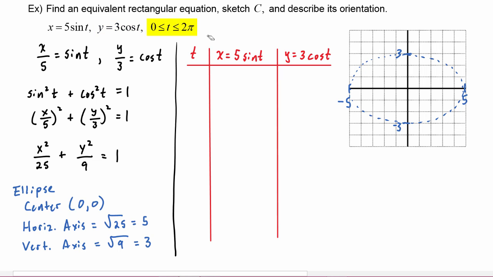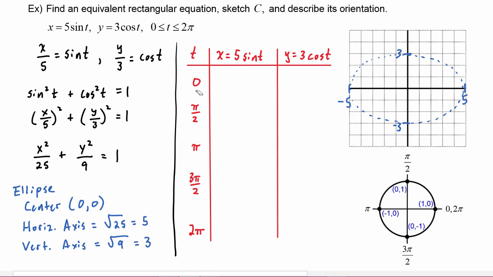We know that t has to go from 0 to 2 pi, so I'm going to go for the easiest possible values I can use to span that whole interval, and that's the quadrantal angles. So 0, pi over 2, pi, 3 pi over 2, and 2 pi. Now, if that doesn't tell me enough information, I can always choose to plug in points in between if I need to. But let's start off with the easiest values and see if we can plot those points and get the curve.